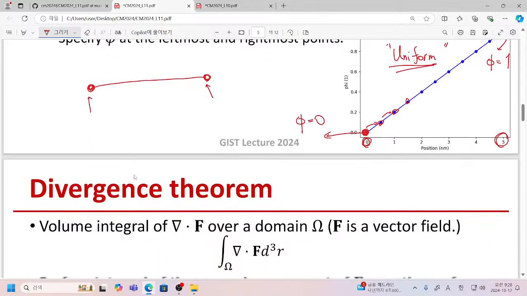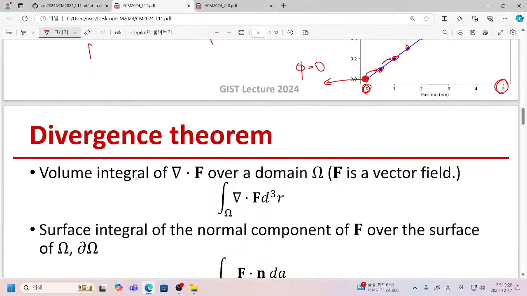So now we want to expand the same approach to the 2D or 3D case. Once you understand that philosophy, it is not that difficult to extend it to the 2D or 3D case.